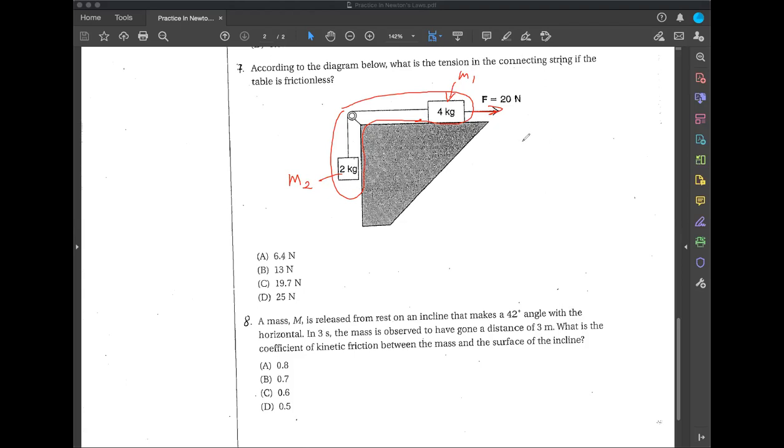So firstly I get the equation: F minus M1 g, which drags this back, equals M1 plus M2 times a. That gives you the first equation to get the acceleration of the system. I plug in and I got a equal to 0.067 meters per second squared.